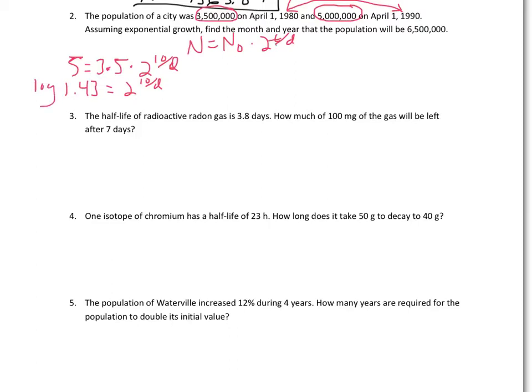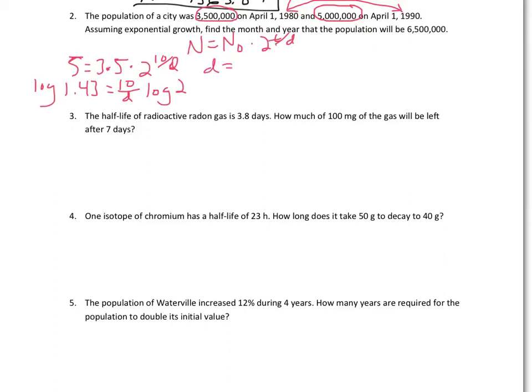I can pull the 10 over d out, because that's an exponent, times log of 2. Then I could multiply by d and then divide by log, either way, you can solve for d.